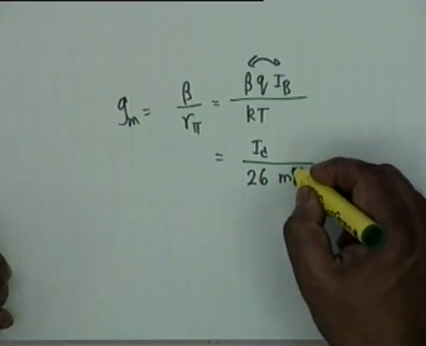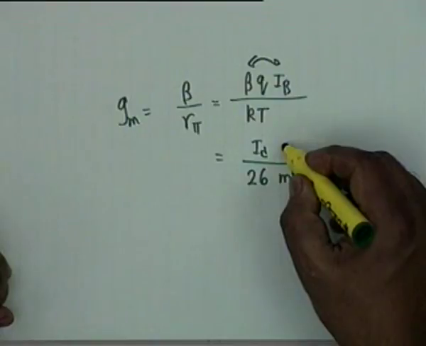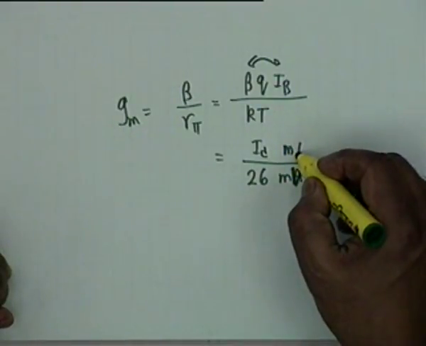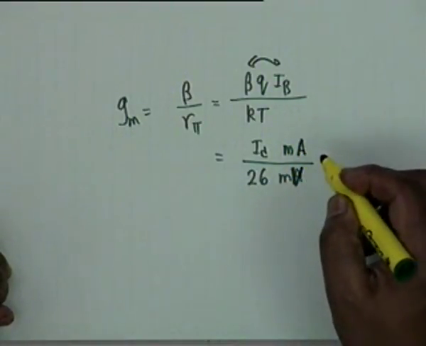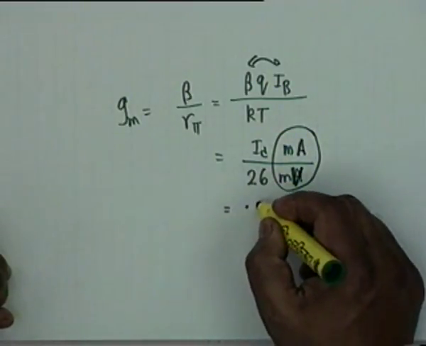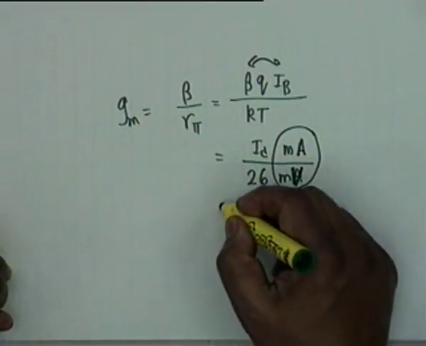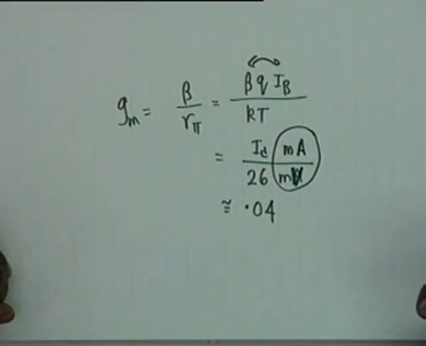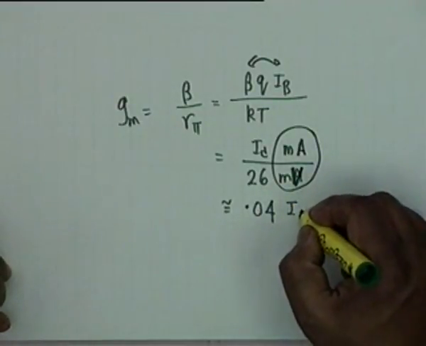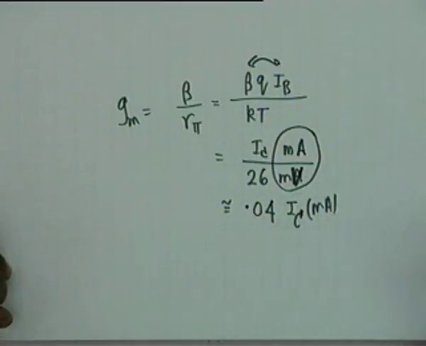If I sub C is expressed in milliamperes, then these cancel, and I have simply approximately 0.04 times I sub C, where I sub C is in milliamps.